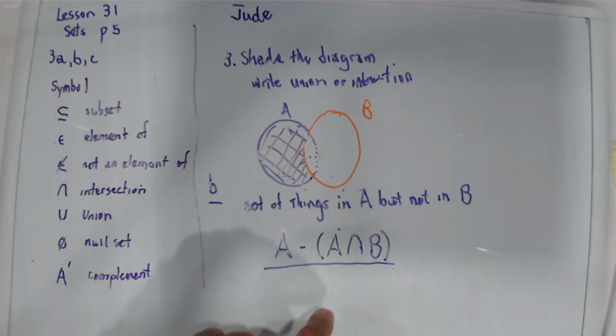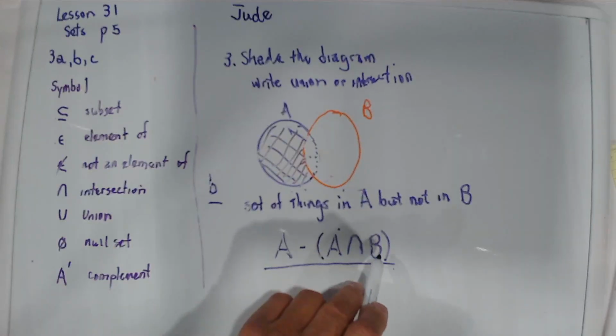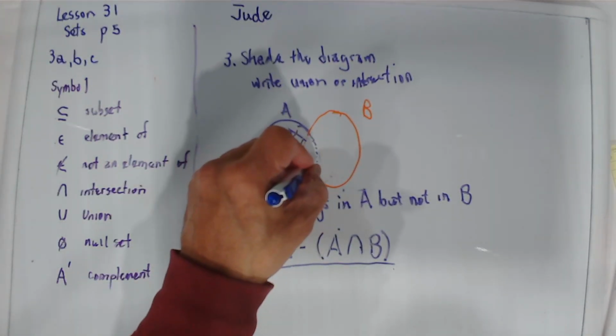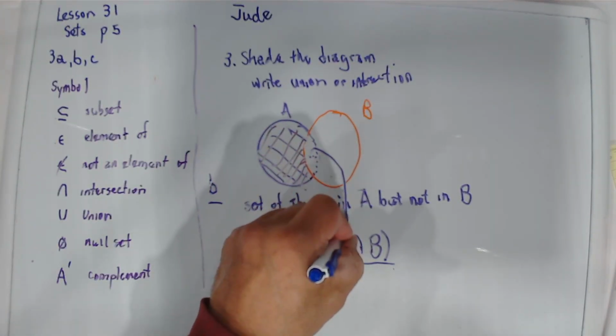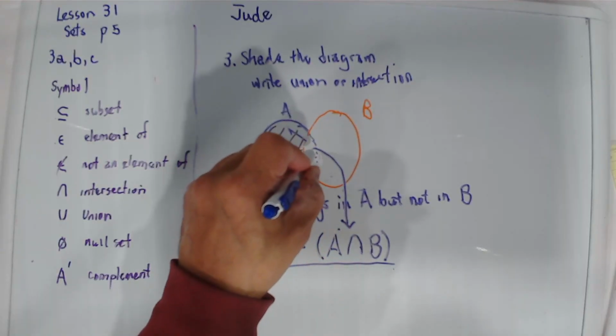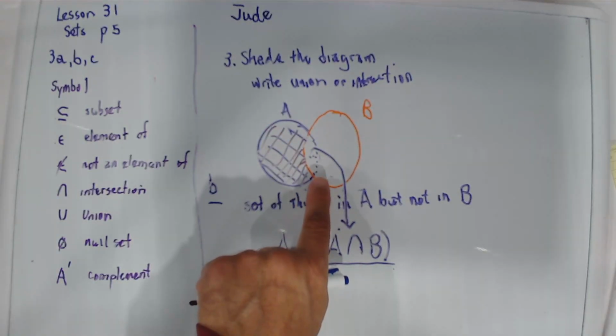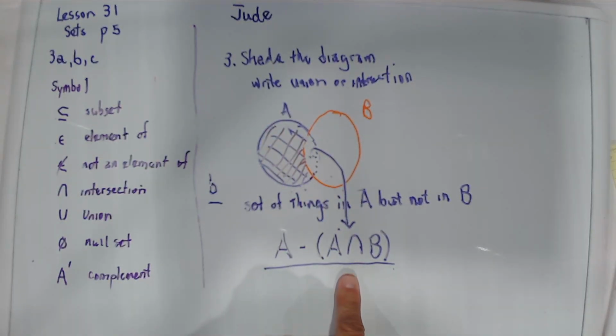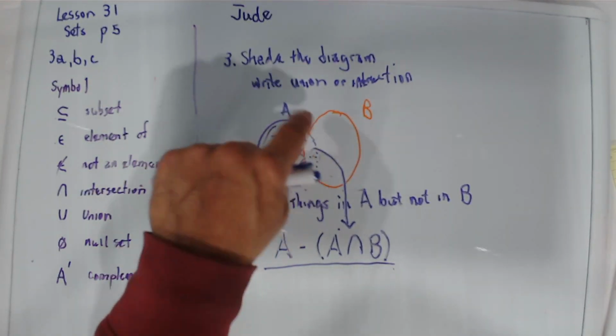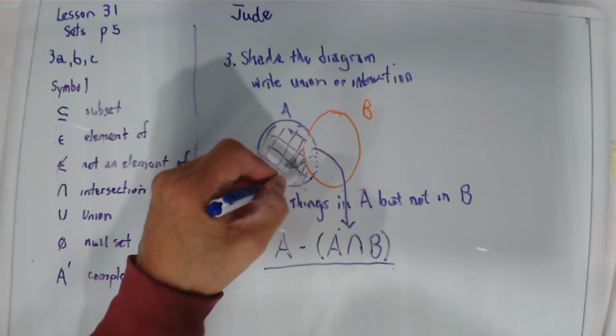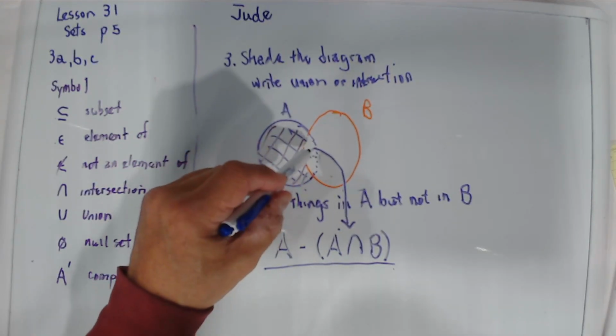And do you understand that this little sliver right there is represented by A intersection B? And when I say A minus that, that means all of A, which is all of this, minus that little sliver there.